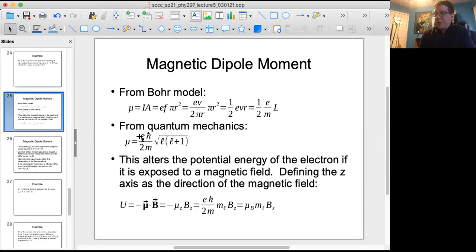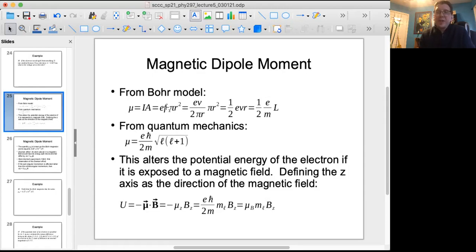Basically, it starts with exposing the atom to a magnetic field. So the magnetic dipole moment, according to Bohr, is I times A. The current is equal to the charge multiplied by how quickly it spins around the atom, and the area involved is pi r squared. So it's sort of like a circular loop of wire in the Bohr model.